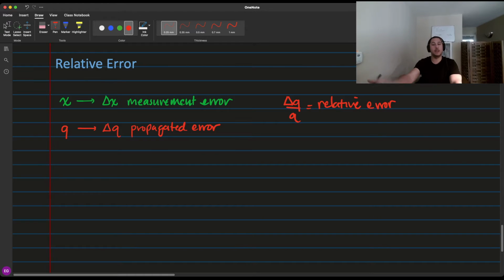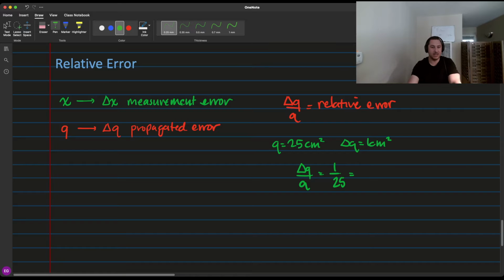We calculated in the previous example an area of 25 square centimeters, and it was off by 1 square centimeter. So that's maybe not that big, right? So remember, we had calculated our q. It was 25 square centimeters, but the error was 1 square centimeter. So the relative error, delta q over q, is 1 over 25.